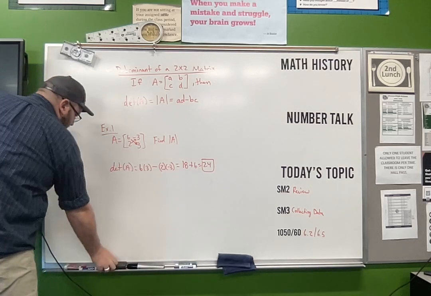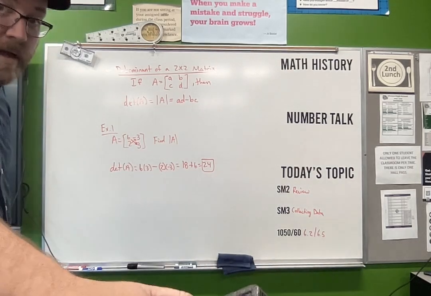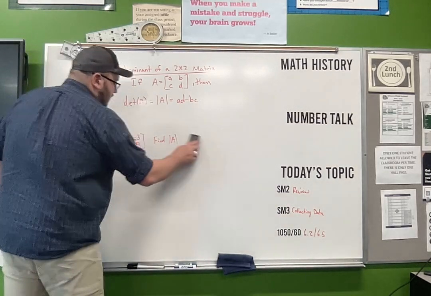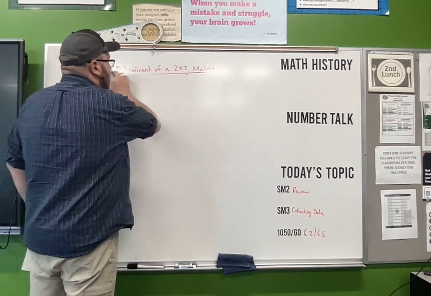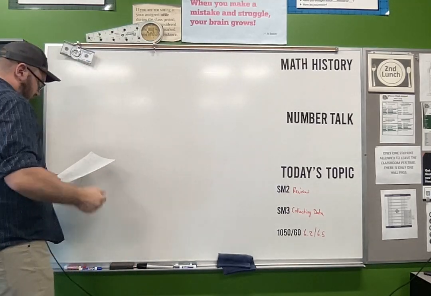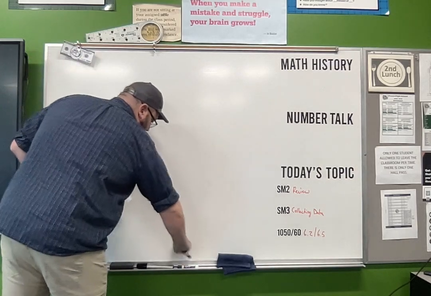All right. Now let's talk about finding the determinant of any matrix. Okay, first, we're going to talk about something called a minor.